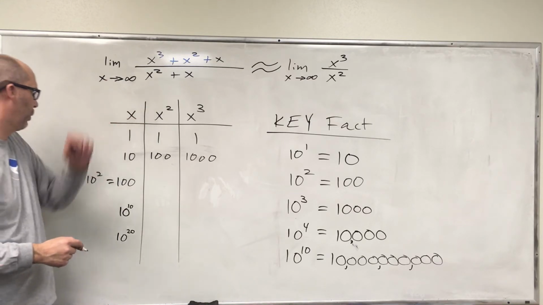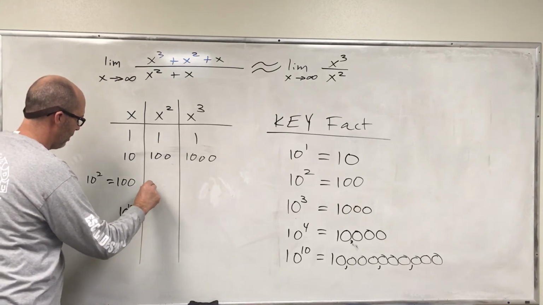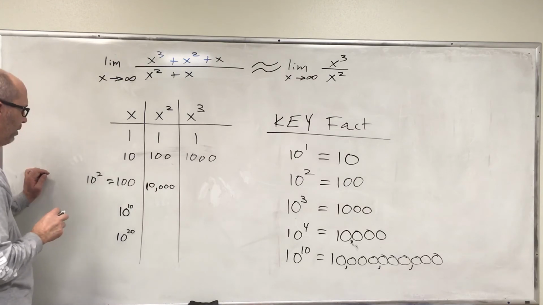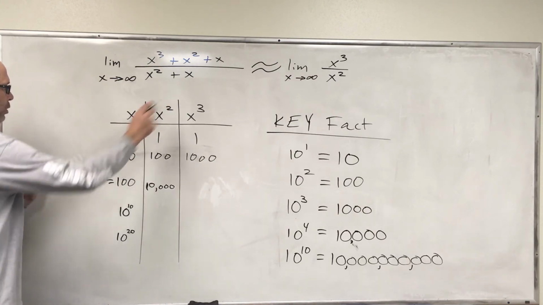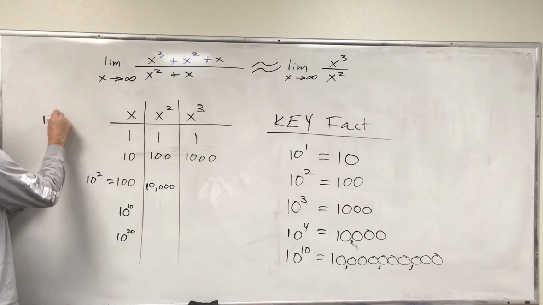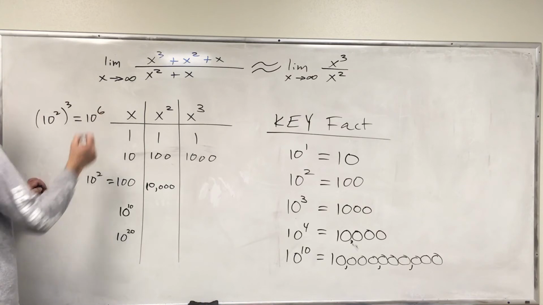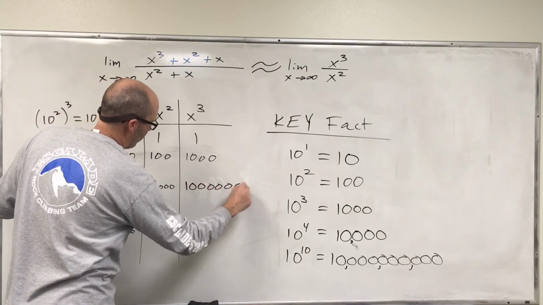So 10 squared squared is 10 to the 4th. 10 to the 4th was 10,000, a 1 with 4 zeros. 10 squared cubed, that's 10 to the 3 times 2, which is 6, a 1 with 6 zeros.